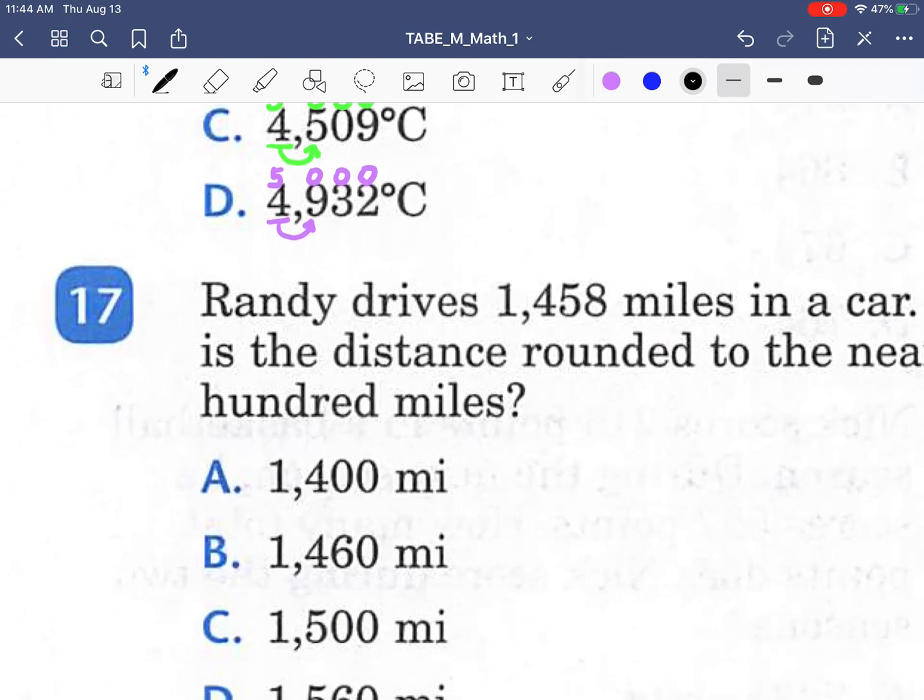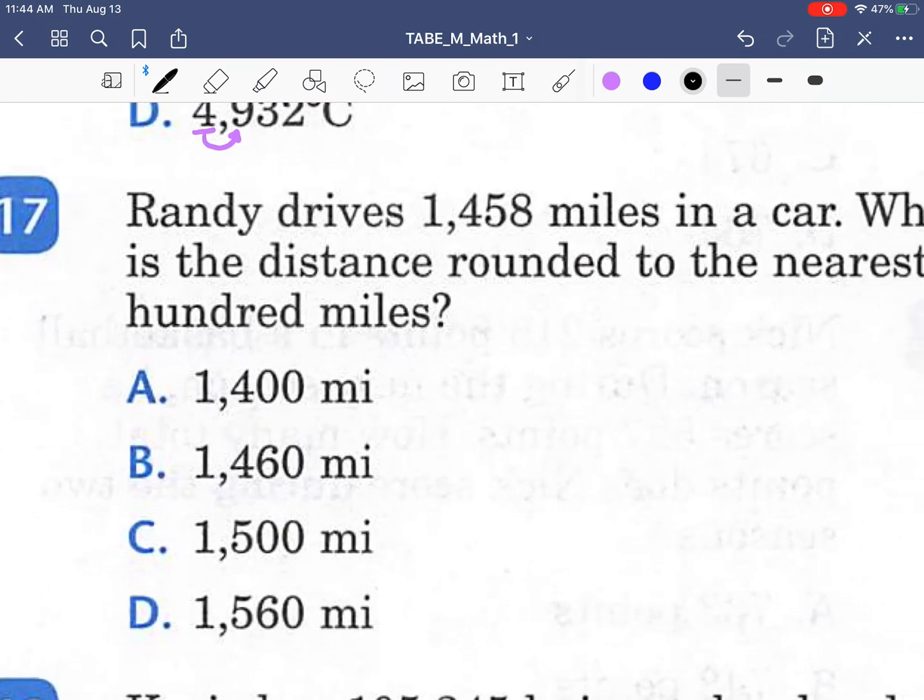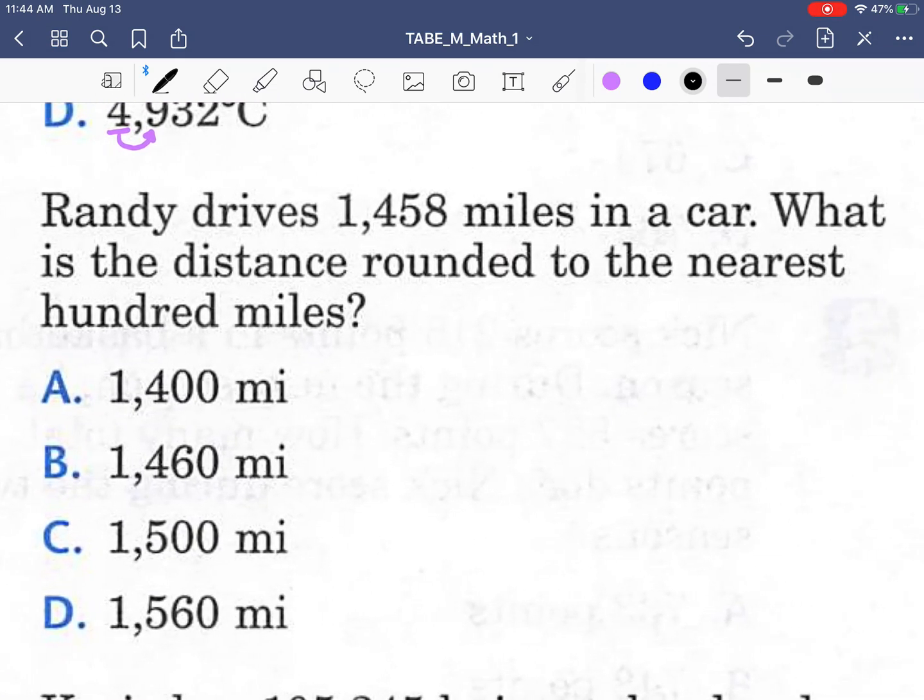Number 17. Randy drives 1,458 miles in a car. What is that distance rounded to the nearest 100 miles? So 1,458, point of reference, 100.